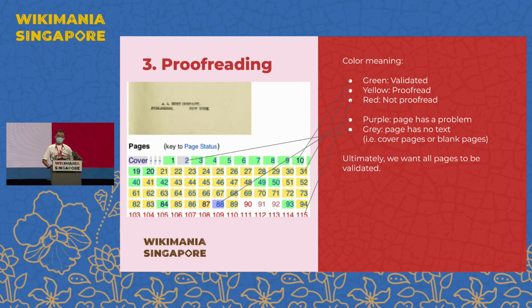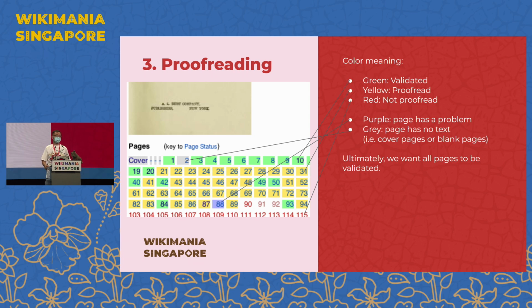So now I'm going to tell you about the color scheme, or the color coding, for the pages. You see there are several colors. Green is good. So the green pages means that page has been validated. I will explain to you what it means by validated later.